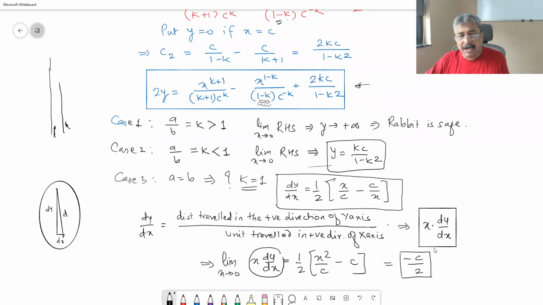Now, this is a little involved for understanding, but here is the explanation. If I know my speed, if I know the slope, the distance traveled in the positive direction of the y-axis per unit distance traveled in the positive direction of the x-axis, and if I know how much of the x-axis I have traveled, then I will come to know the distance in the positive direction of the y-axis that I have traveled.